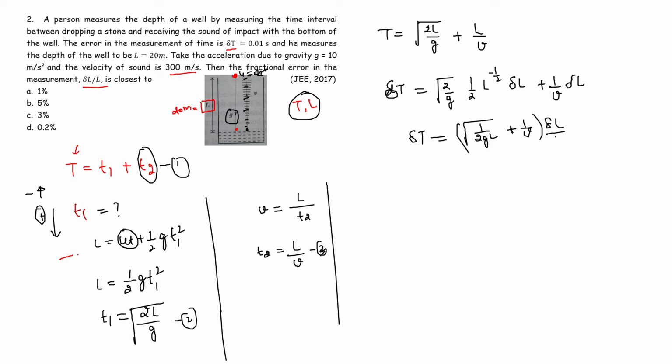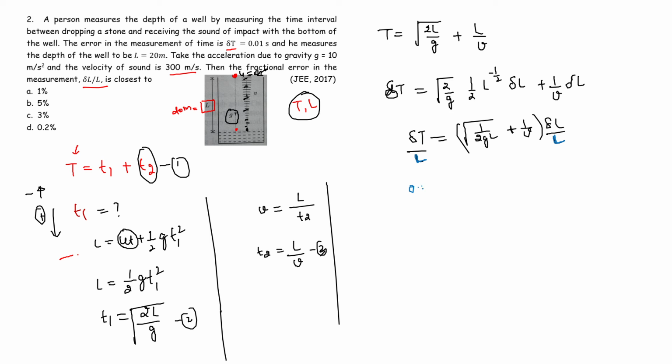We want the value of delta L over L, so we are going to divide both sides by L. Let's write this in a different color so that we remember that we have divided the equation by L.